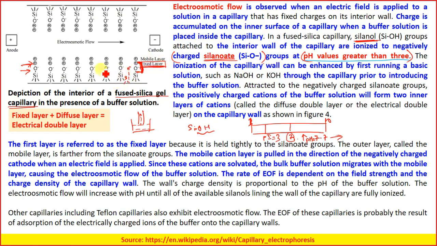Because of that, a secondary layer is formed where you have both anions and cations. However, due to the electronegativity of the silanoate group, there are some extra cations over here, so this layer is called the diffuse layer.